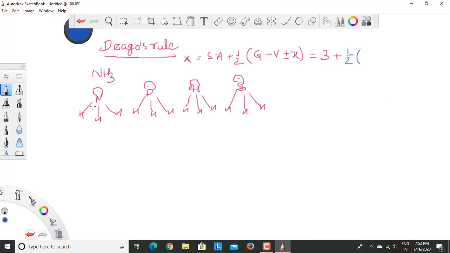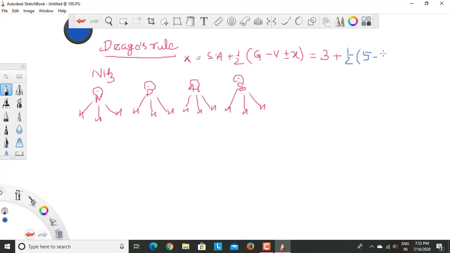Nitrogen valence shell electrons, how many? Nitrogen belongs to group 5A, so 5 valency electrons. So 5 minus the valency of surrounding atom. Hydrogen valency is 1, and there are 3 hydrogen atoms, so valency is 1 into 3. Means you have to take the valency of all surrounding atoms.